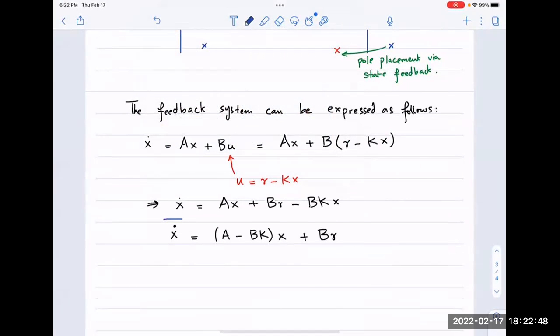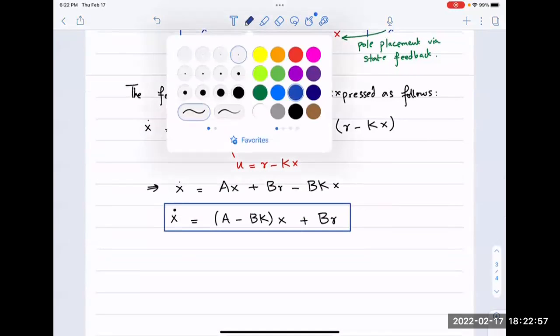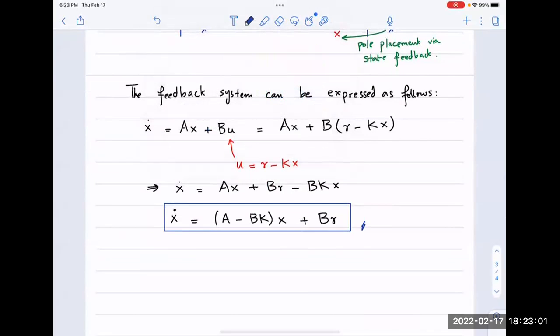So these are the new system dynamics after linear state feedback.